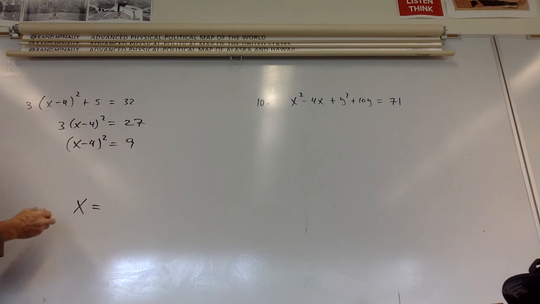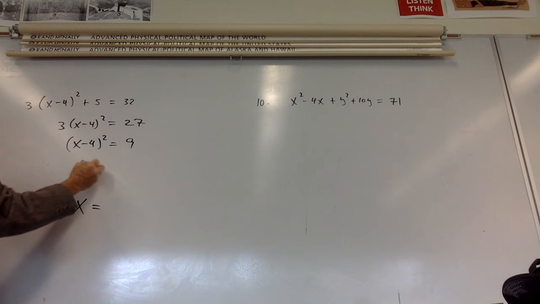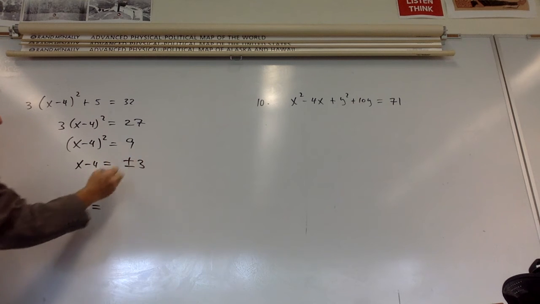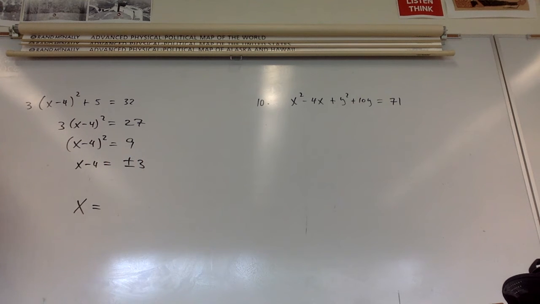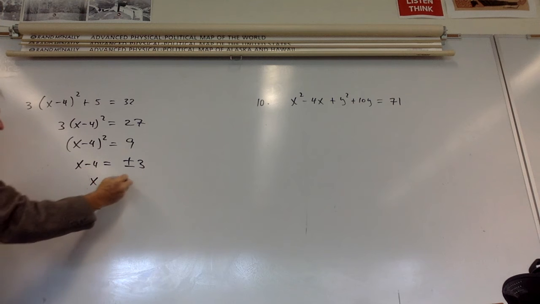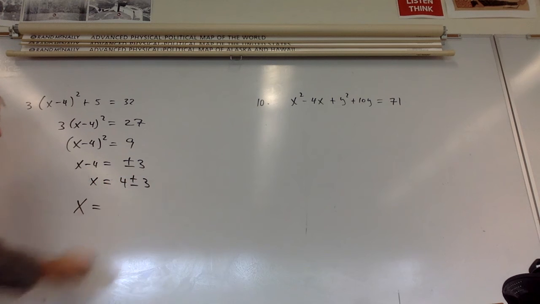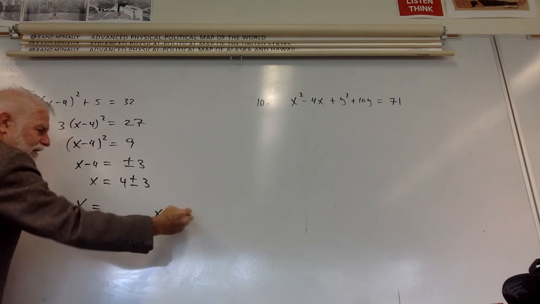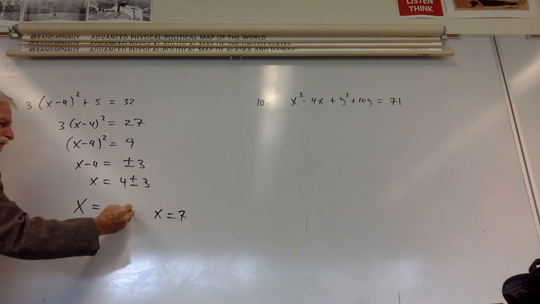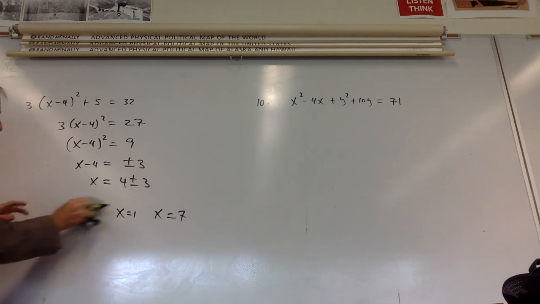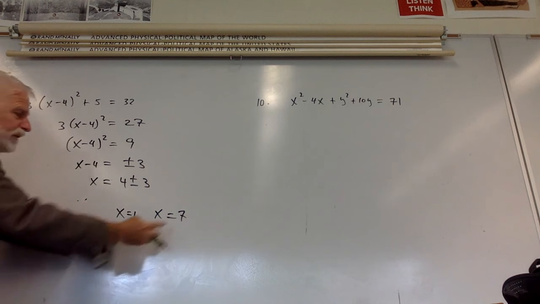Then you take plus minus square root. So you get x minus 4 equals plus minus 3 because taking the square root of 9. And then you say x is equal to 4 plus or minus 3. So one of your answers is 4 plus 3, which is 7. And the other is 4 minus 3, which is 1. And we said one of our answers would be between 0 and 4 and the other between 4 and 8.